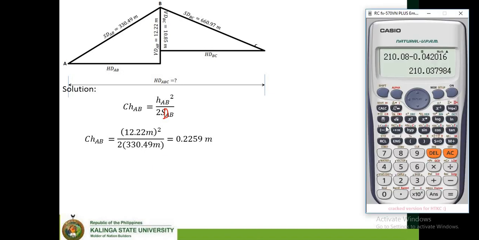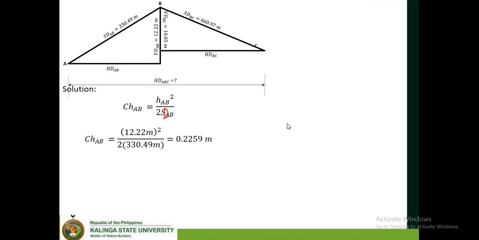Let's check. That is 12.22 squared. Divide it by 2 times 330.49. 0.2259 meters. Okay? Again, ulit-ulitin ko, be consistent with your unit. Kapag meter yung ginamit nyo dito, dapat meter din doon. Meter squared over meter, maaalis yung isang meter, kaya yung unit na lang natin is in meters.